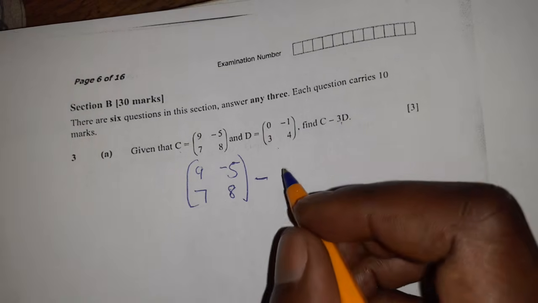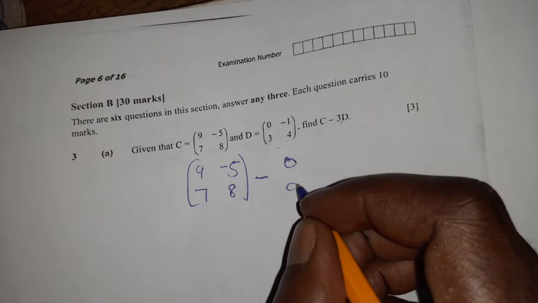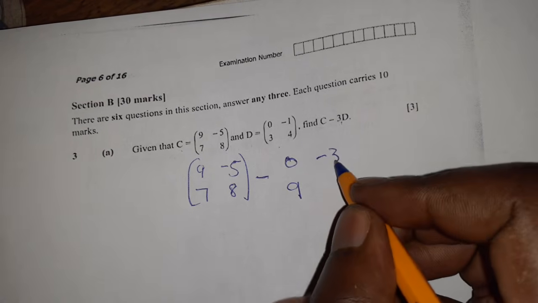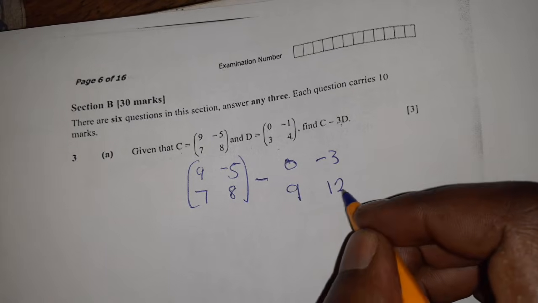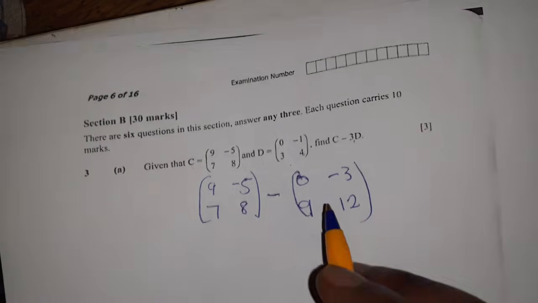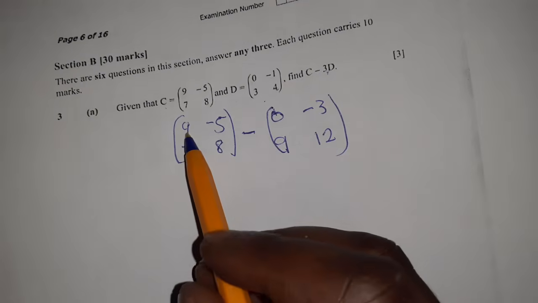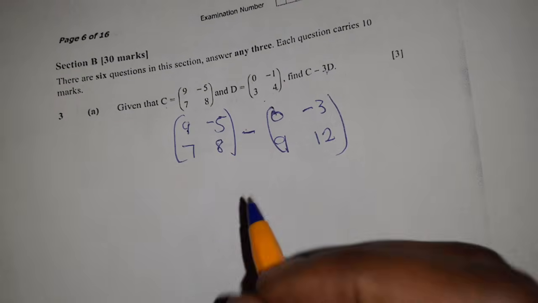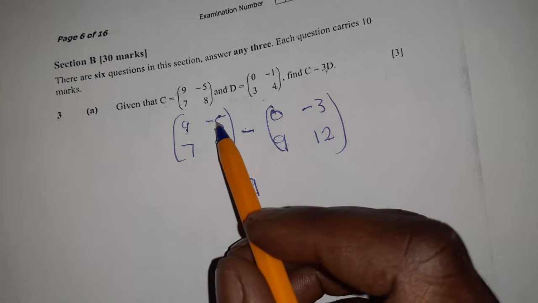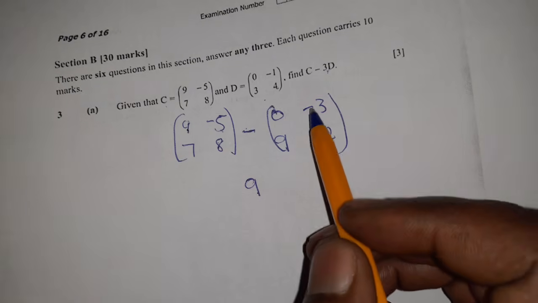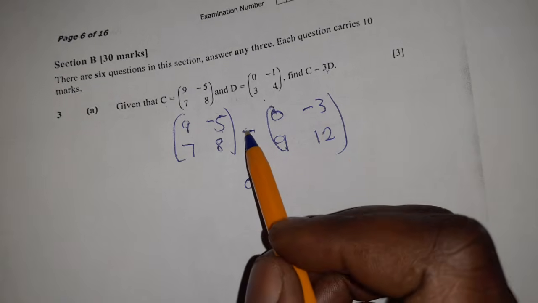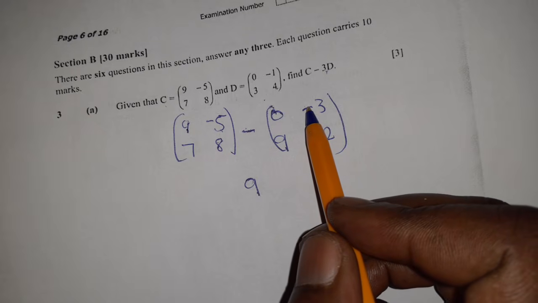So 3 multiplied by 0, you get 0. Here you get 9. Here you get minus 3. Here you get 12. I hope you've seen what I've done. I've multiplied by 3 in advance. Then you begin to subtract. 9 minus 0, it will be 9. Negative 5 minus negative 3, this and this will give us a plus, isn't it?